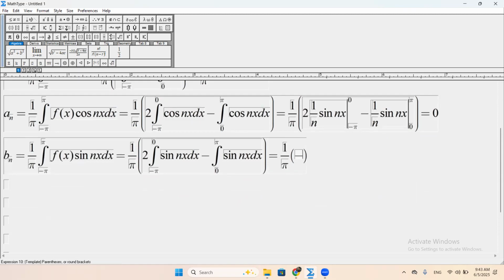So minus 2 over n cosine of nx and plus 1 over n cosine of nx. Yeah, and forgot about substitutions here. So with the substitutions from minus p to 0, and here with the substitutions from 0 to p.